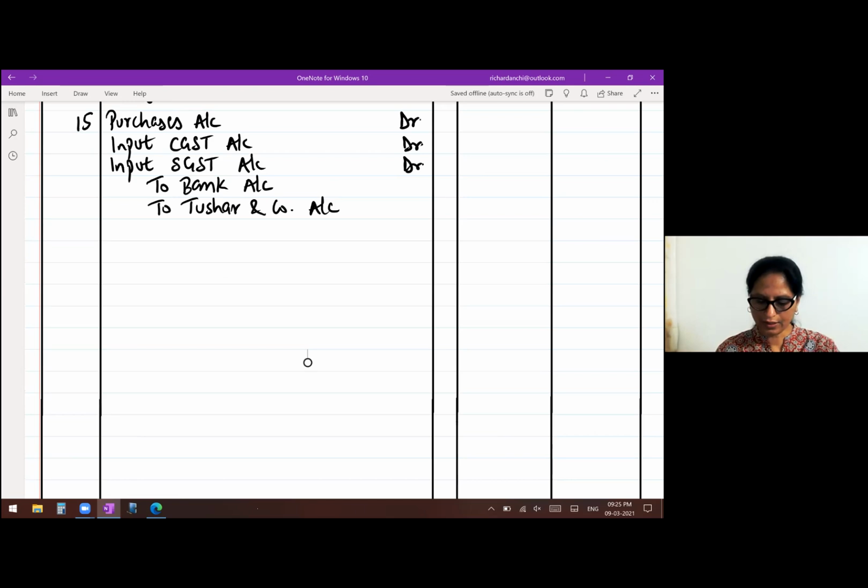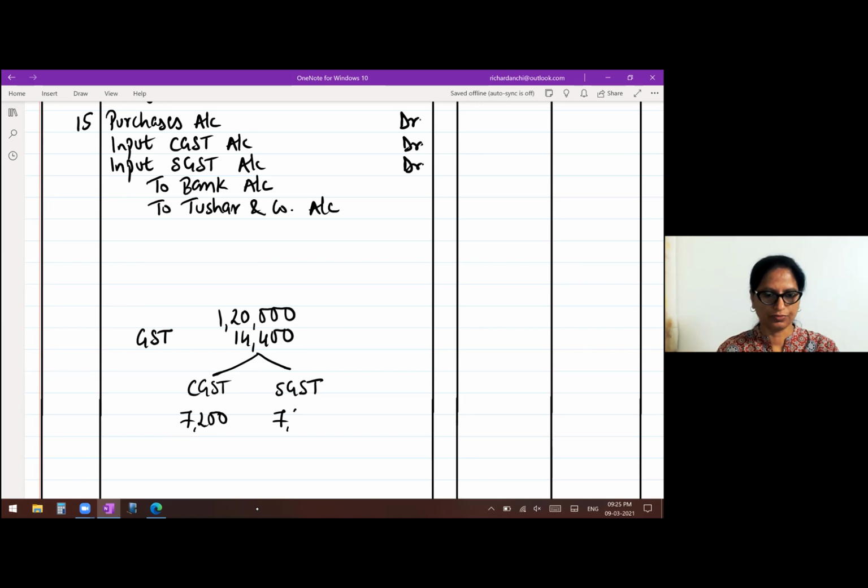So it's 1,20,000 worth of goods, 12% GST. So 12% is 14,400. This is divided into CGST and SGST. So it comes to 7,200 each. Okay.